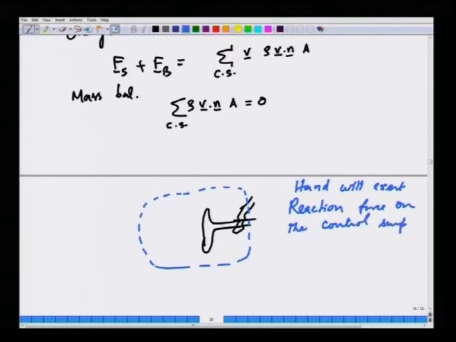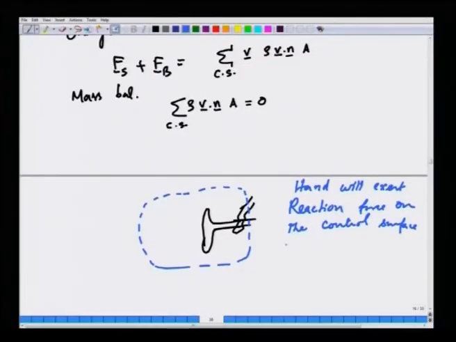In order to keep the solid surface from moving, your hand is of course trying to resist it by exerting a force, and how is that force felt by the CV? It is felt via the control surface, because the control surface is cutting across your hand. Let us call that reaction force R with components R x and R y.